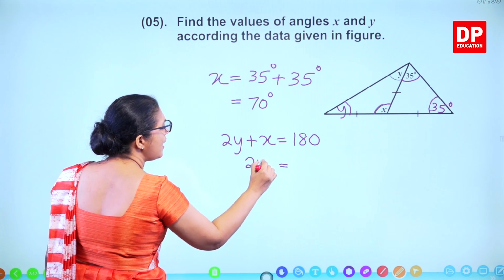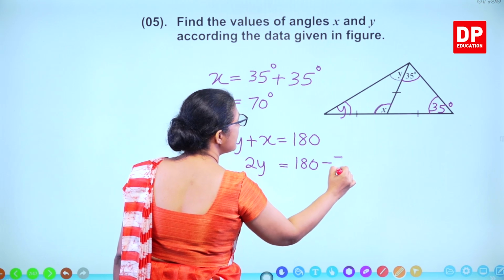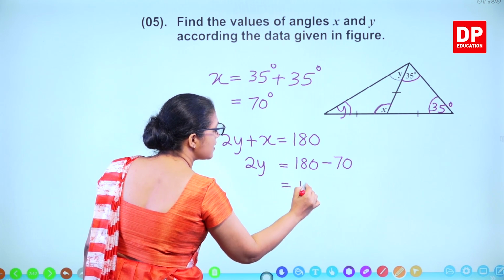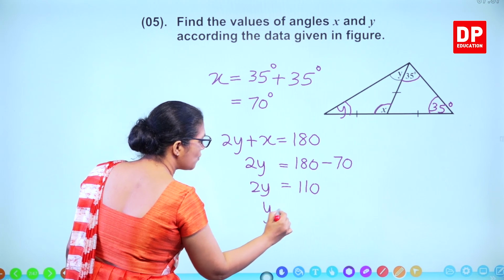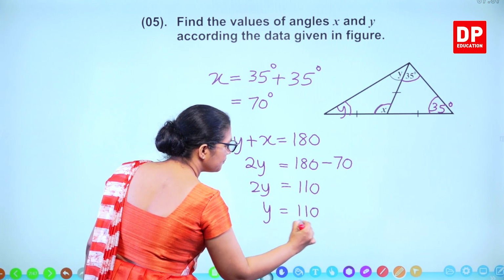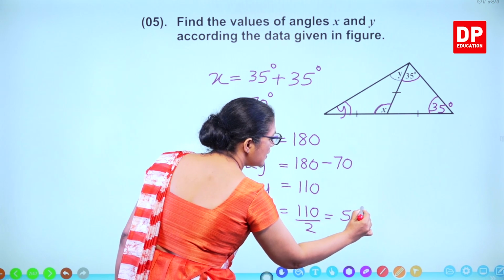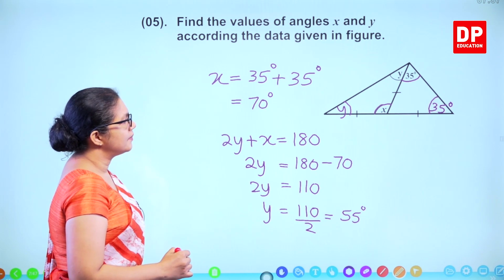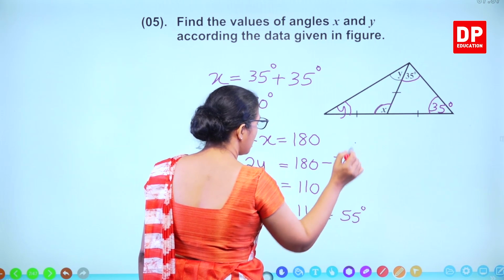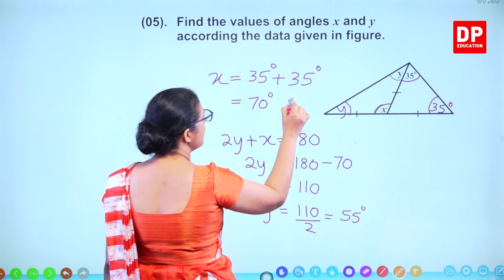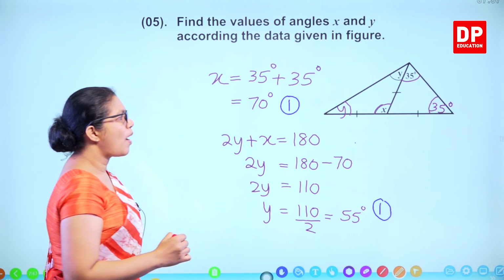So what's 2y? 180 minus 70. You get 110 is 2y. Divide this by 2 to get y. 55 degrees. So you get marks: 1 mark for finding the x value and 1 mark for finding the y value.